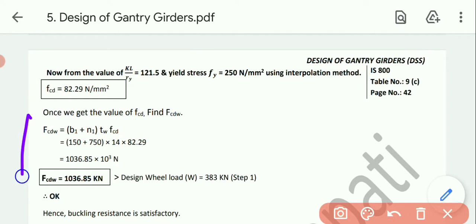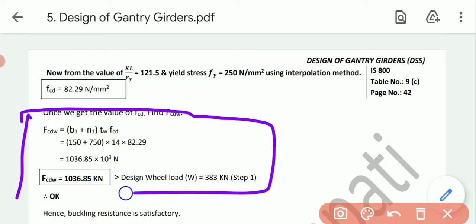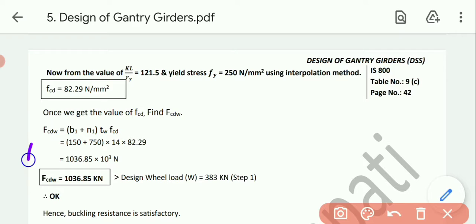Once I get this, I can easily calculate FCDW. B1 is 150, N1 is 750, TW, thickness of web, is 14, and FCD is 82.29. From this I will get FCDW as 1036.85 into 10 raised to 3 Newton. Let's convert it into kilonewton.